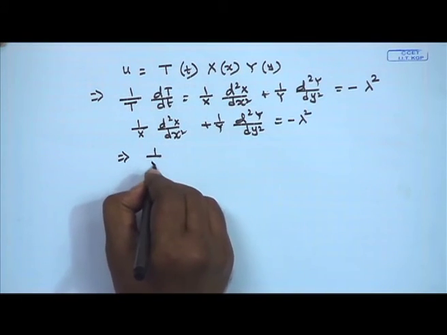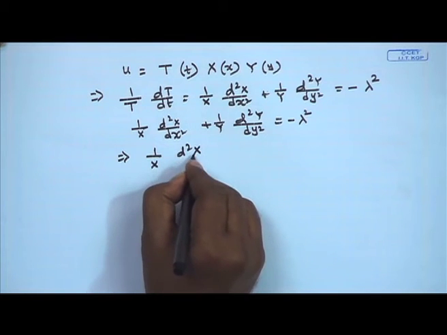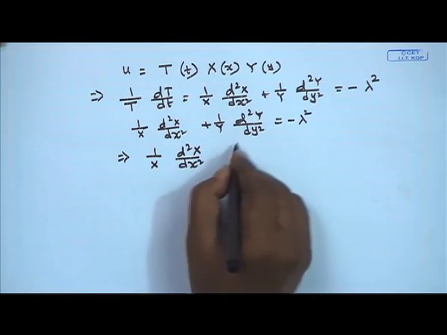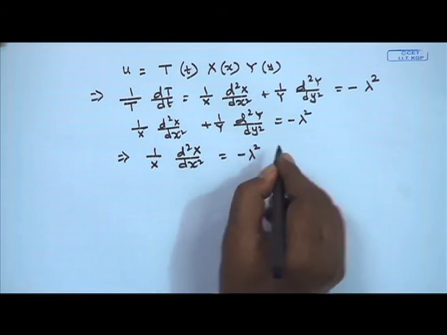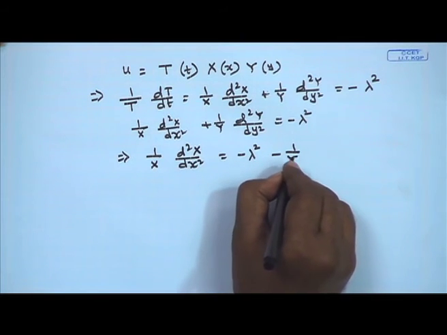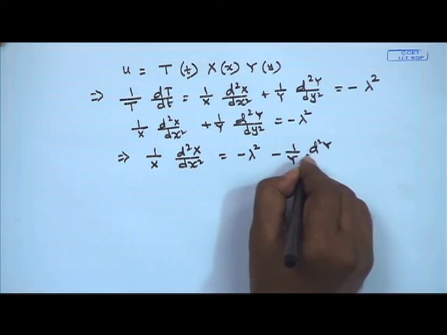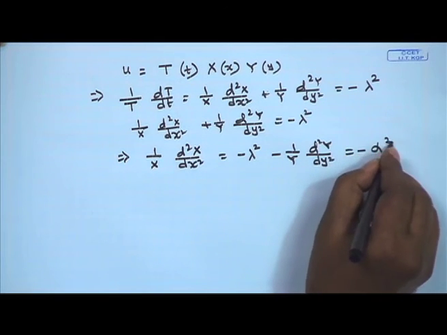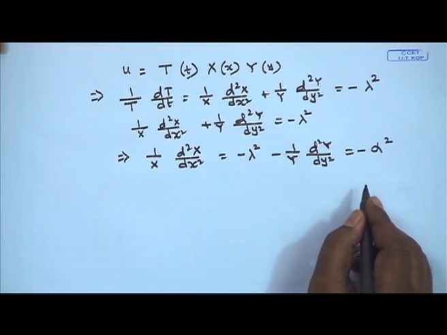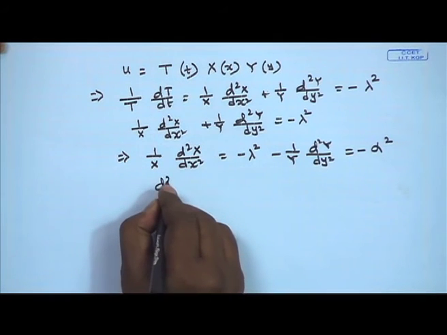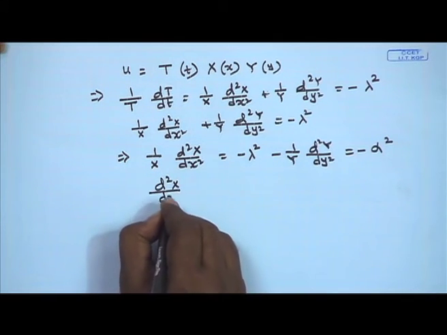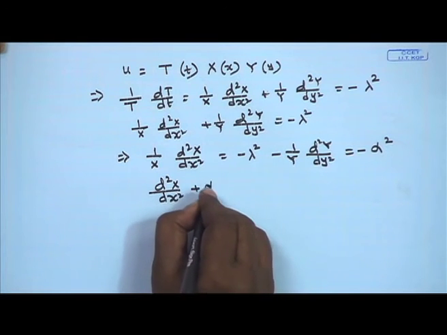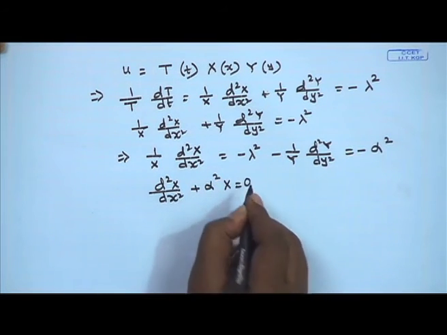So, therefore, we write 1 over X d square X/dx square is equal to minus lambda square minus 1 over Y d square Y/dy square, and this will be equal to minus alpha square in order to have a non-trivial solution. So, let us formulate the standard eigenvalue problem in the x direction: d square X/dx square plus alpha square X is equal to 0.